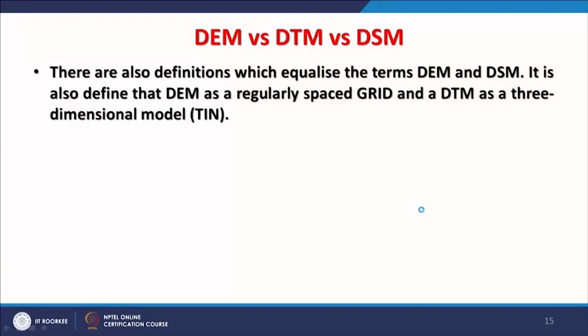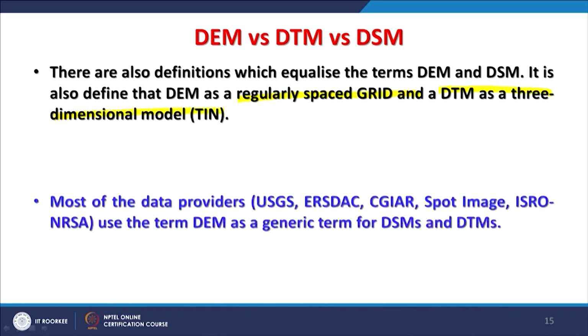If you are using it only for elevations, you may call it DEM or DTM, but if surface features are recorded also, like in the case of LiDAR, then you can call it DSM. There are also definitions which equalize the terms DEM and DSM, where DEM is a regularly spaced grid and DTM is a 3-dimensional model. So, for a TIN also we can say DTM.